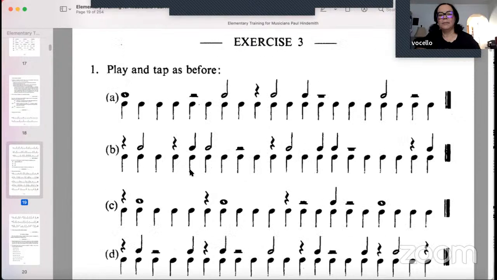Letter B. Ta, ta, ta, ta, ta, ta, ta. That is the half rest. This is the quarter rest, whole rest, half rest. Whole rest, half rest, quarter rest, quarter rest.